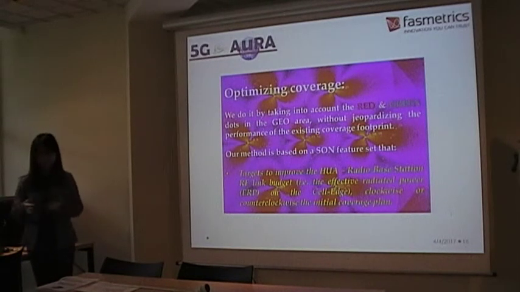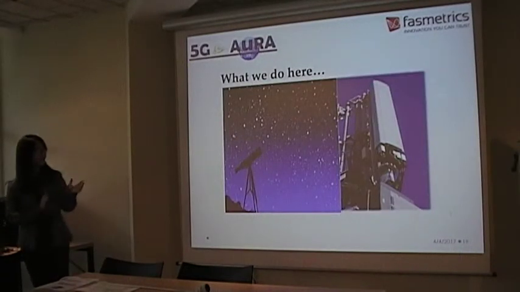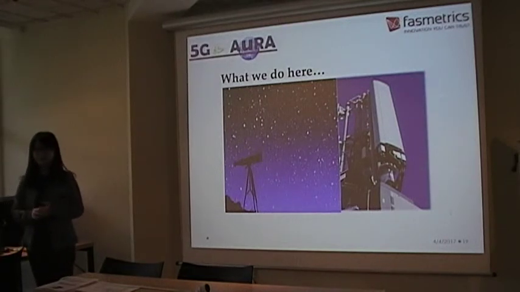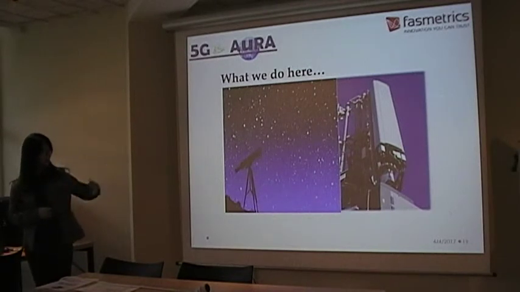And then the effective radiated power on the users located on the cell edges can be improved. And actually what we do here is similar to the astronomers. They use their telescopes to find their targets in a certain area by steering their equipment like that.